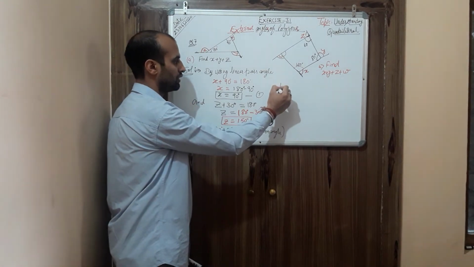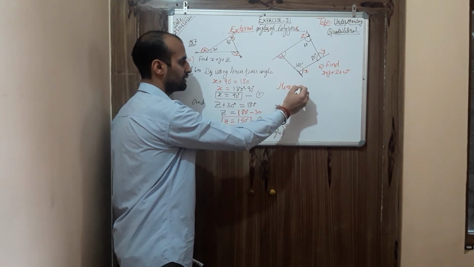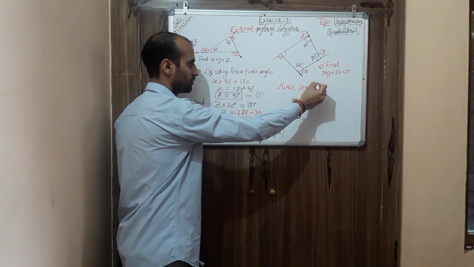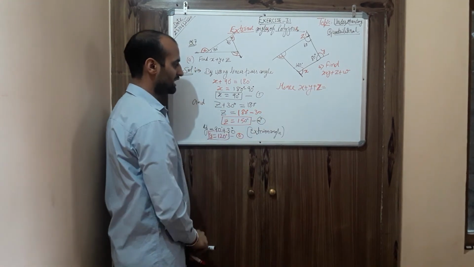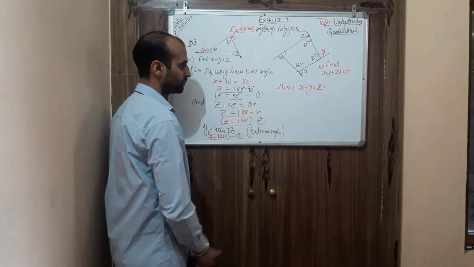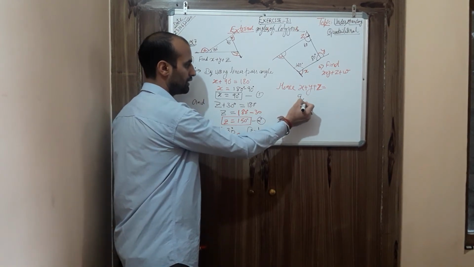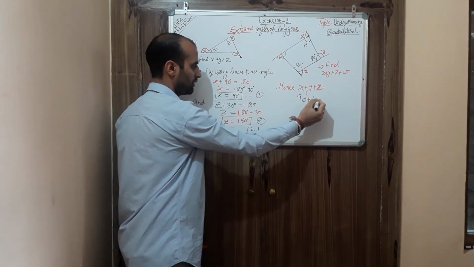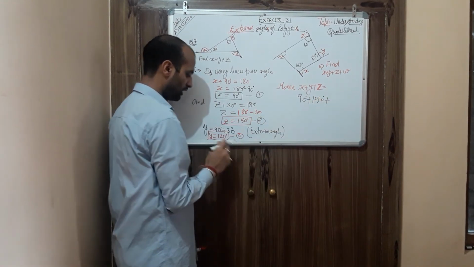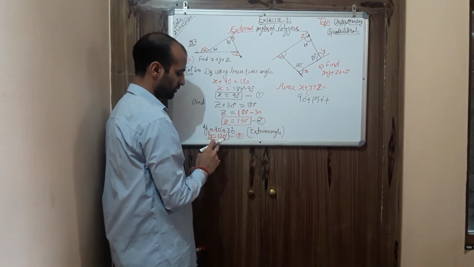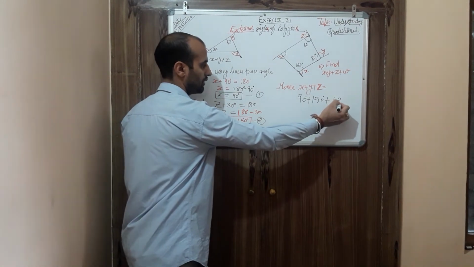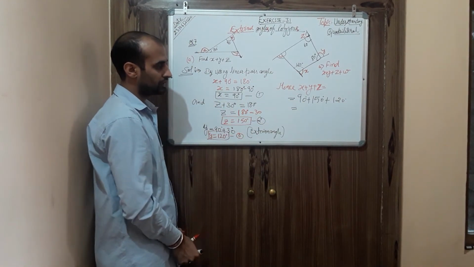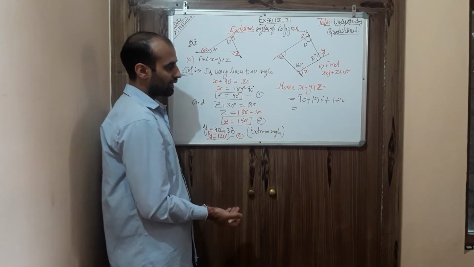Hence x plus y plus z is equal to 90 degrees plus the second value, 150 degrees, and the third value, 120 degrees.